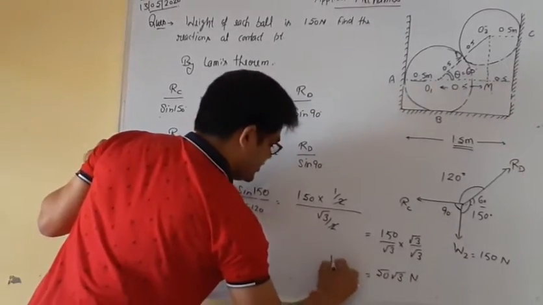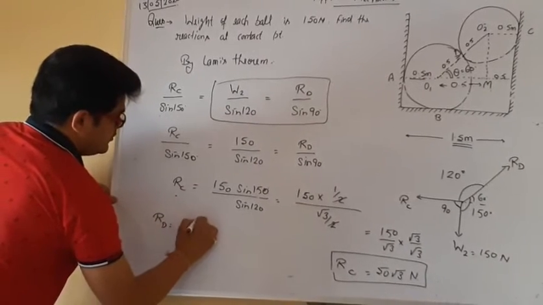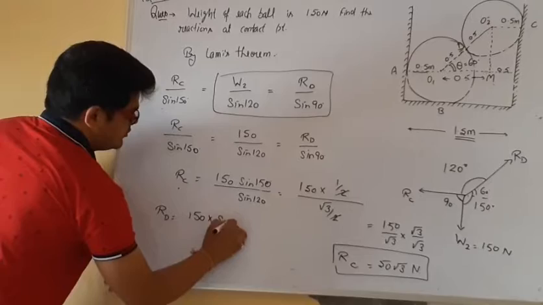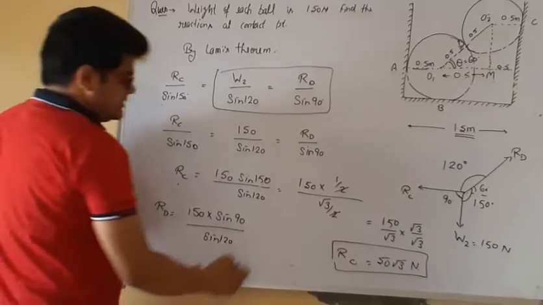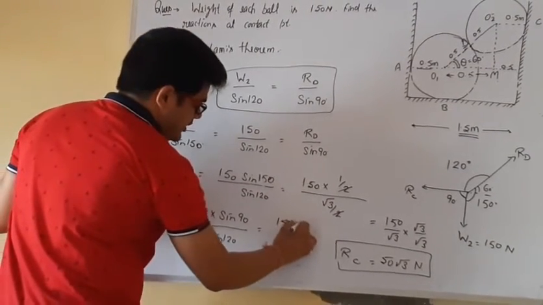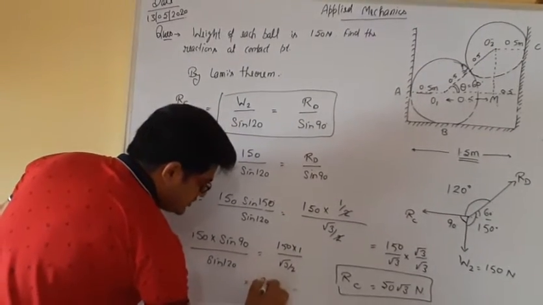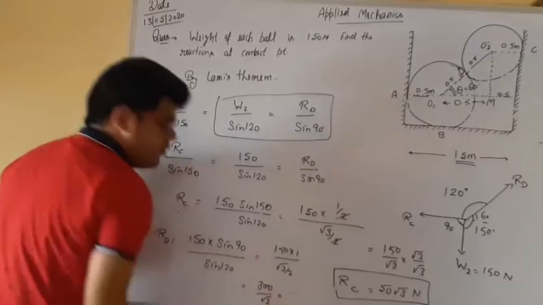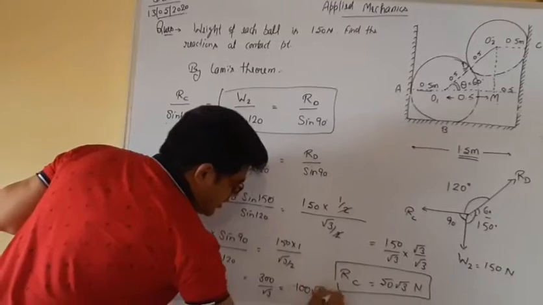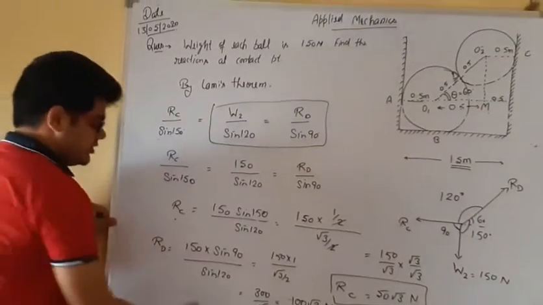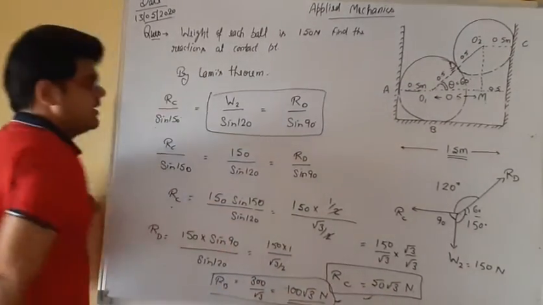This is RC, the reaction at point C. RD equals 150 into sine 90 upon sine 120, which equals 150 into 1 upon root 3 by 2, which equals 300 upon root 3. Now multiply and divide by root 3 and the value is 100 root 3 Newton. So the reaction at D and the reaction at C are final.